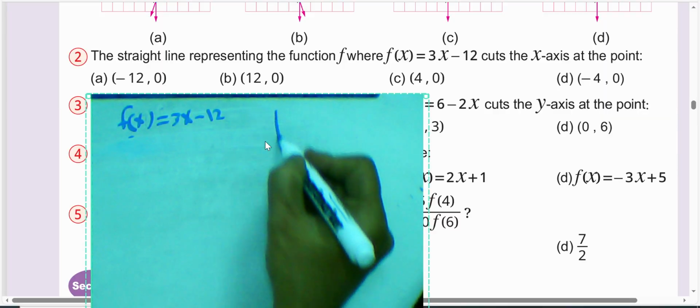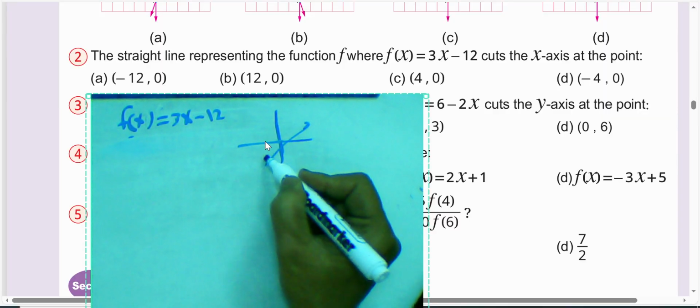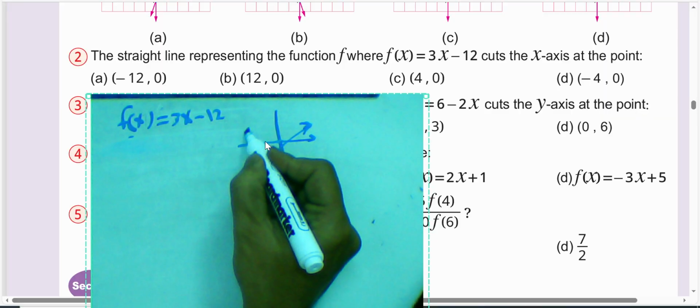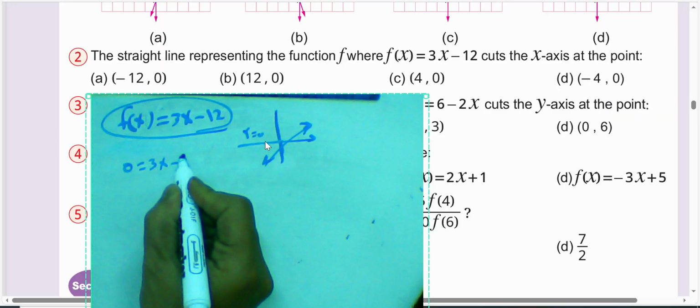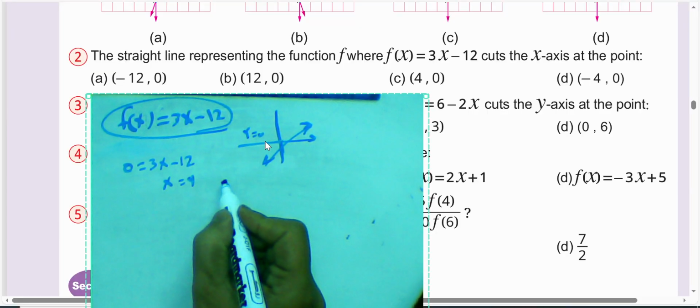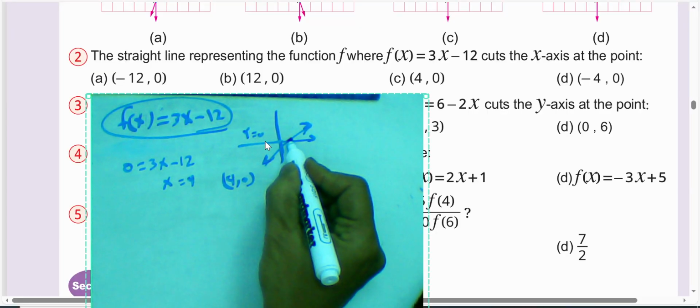Listen to me, the straight line cuts the x-axis, it means y will be equal to 0. Y here means f of x, then 0 will be 3x minus 12, and the value of x equals 4, then the point will be 4 and 0.